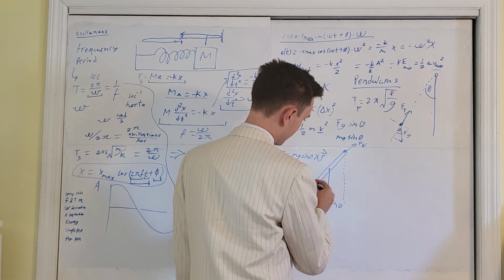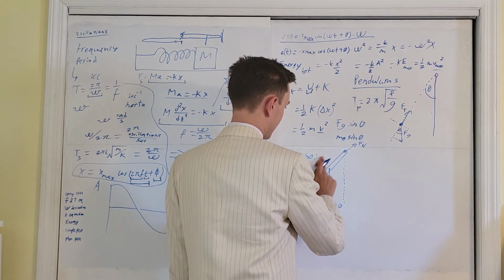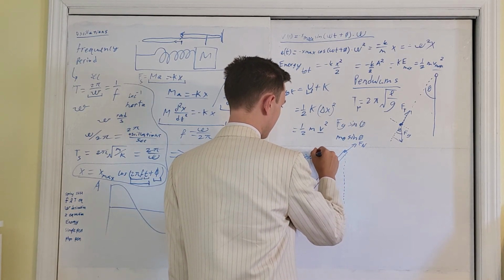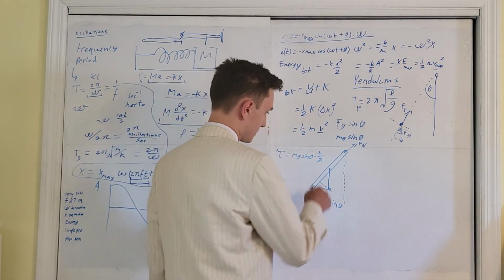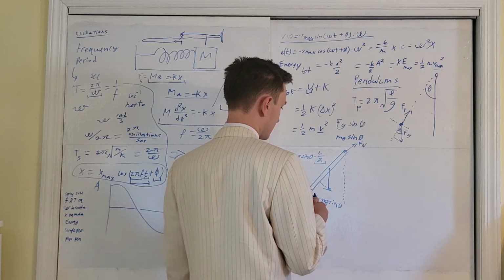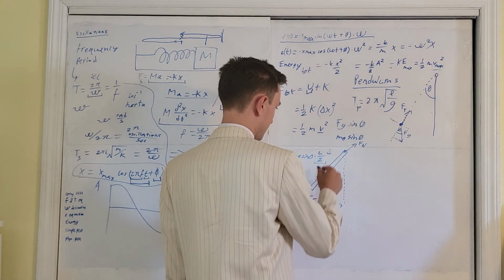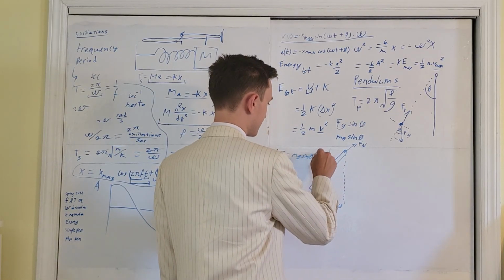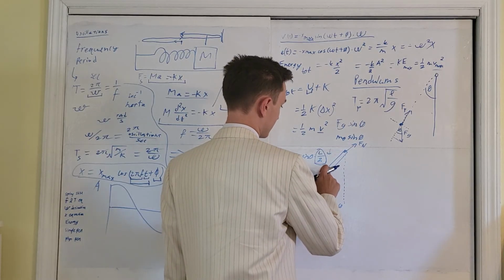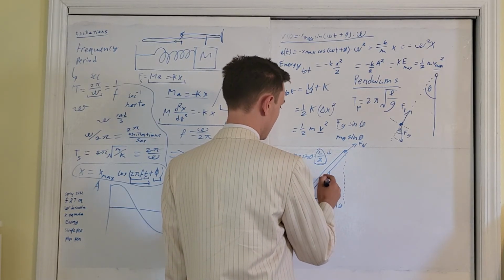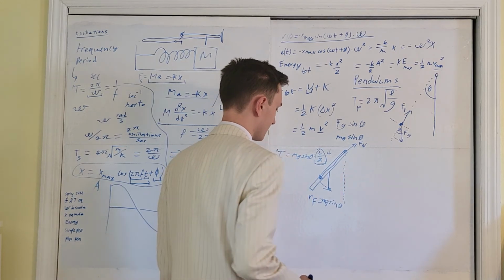Now, the radius vector in this case is going to be exactly perpendicular, so the radius vector is going to be my length of the rod over 2, so that's going to be my restoring torque. So this term, of course, is just specific to this example, okay? This would be a general distance term d which represents the distance from your axis of rotation to your center of mass. Your center of mass could be closer to one end or the other. It just represents this distance right here, okay?